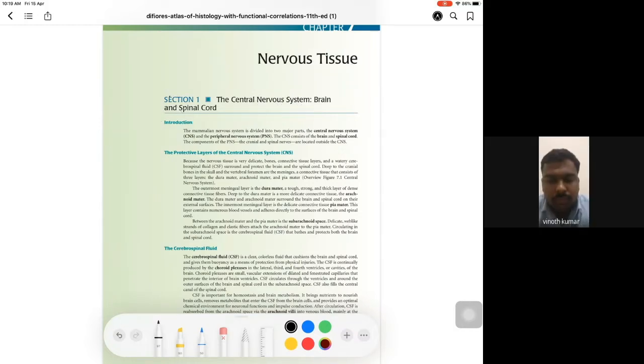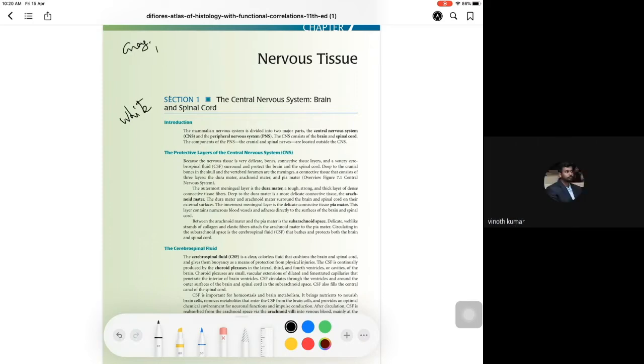CNS tissue is divided into gray matter and white matter. The neuronal cells are seen only in the gray matter, whereas white matter will have the axonal processes, astrocytes, oligodendrocytes, microglial cells, whereas you never see the neuronal cells in the white matter.